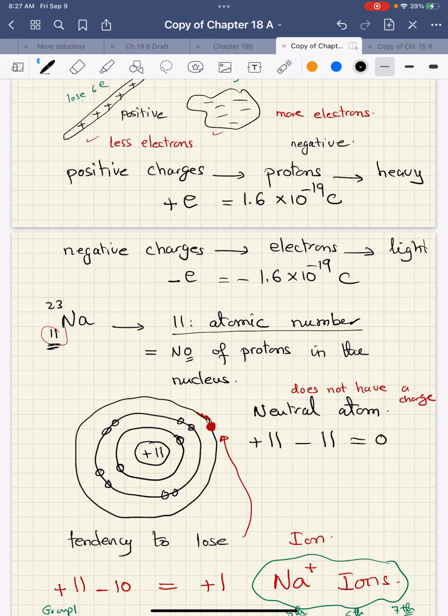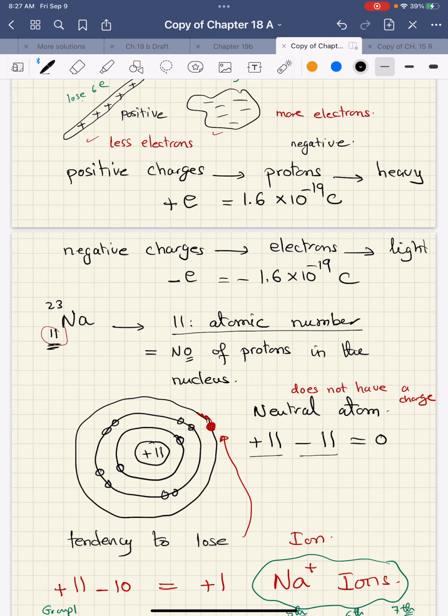If you look at the electronic distribution, you're going to find that this atom in its normal condition is neutral, which means it doesn't have a charge, because we have 11 protons, plus 11, and 11 electrons, negative 11.